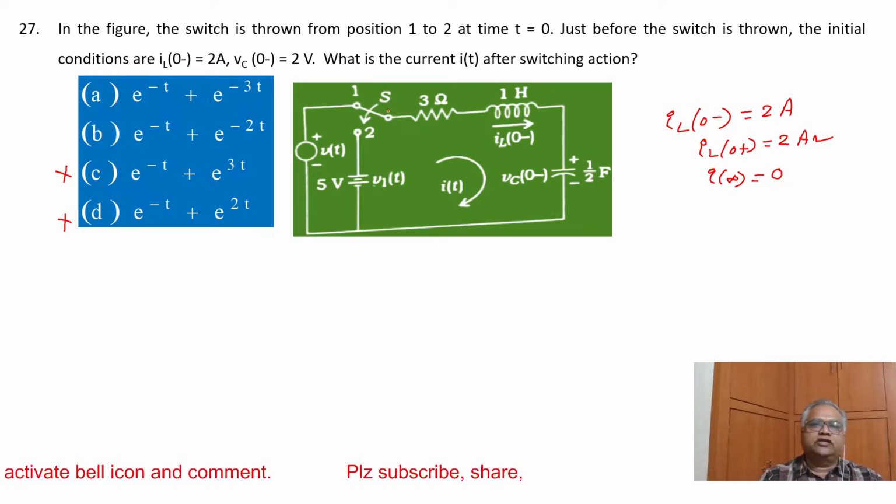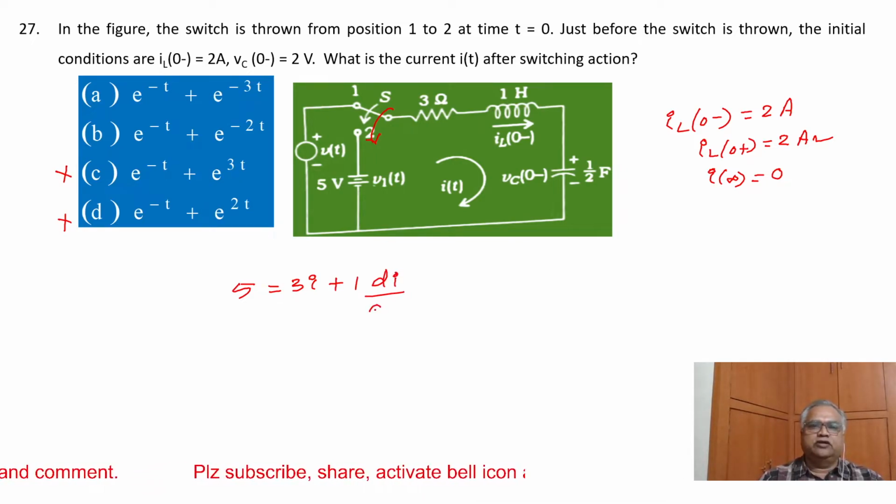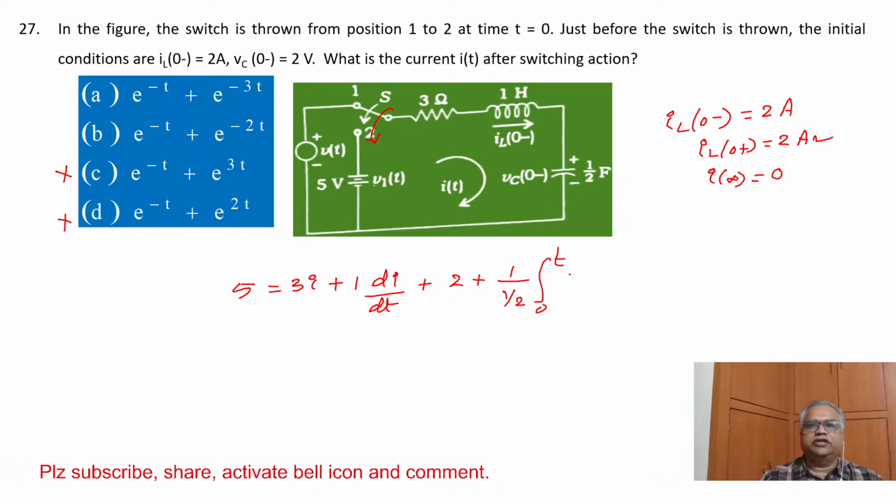Now after it is connected to position 2, we have to write a mesh equation. That is nothing but 5 is equal to 3 into I plus L1 di by dt plus the initial voltage of 2 plus the voltage across the capacitor, which is 1 by C, so 1 by 2 given, integral 0 to t, because the initial voltage is already taken, I dt. Because of the integral, differentiate.